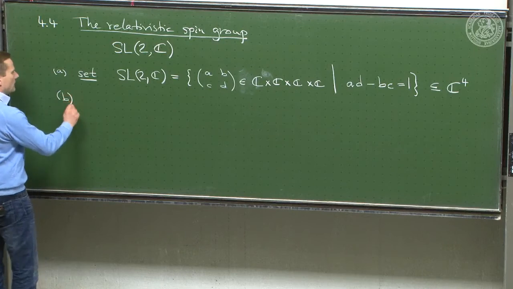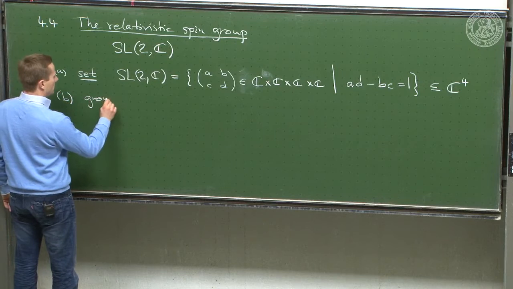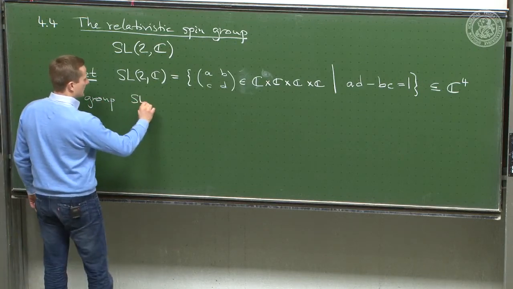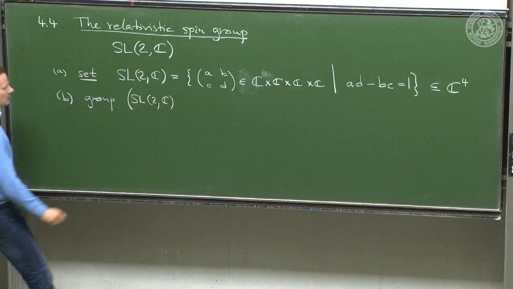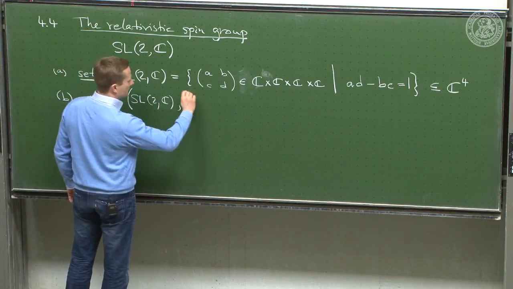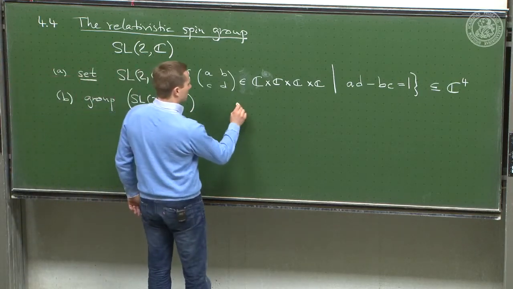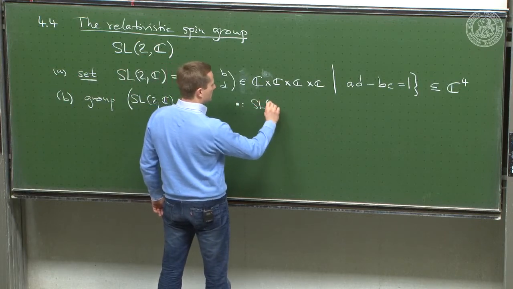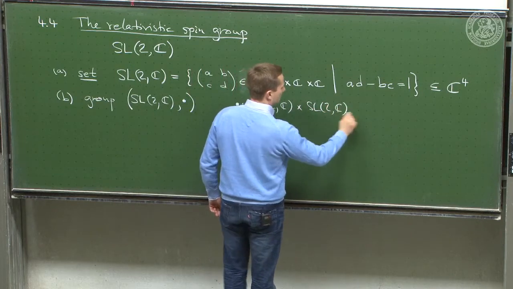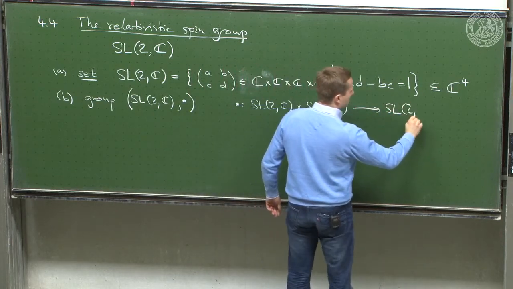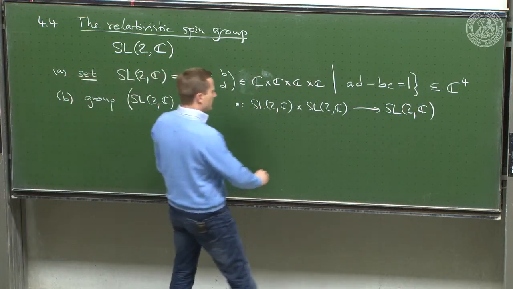Well, but now we make the set into a group. A group is first and foremost a set, but then it has a group operation which we call blob. And this blob is an operation that takes two elements of SL2C and makes them into one new element of SL2C. And this blob is defined as follows.